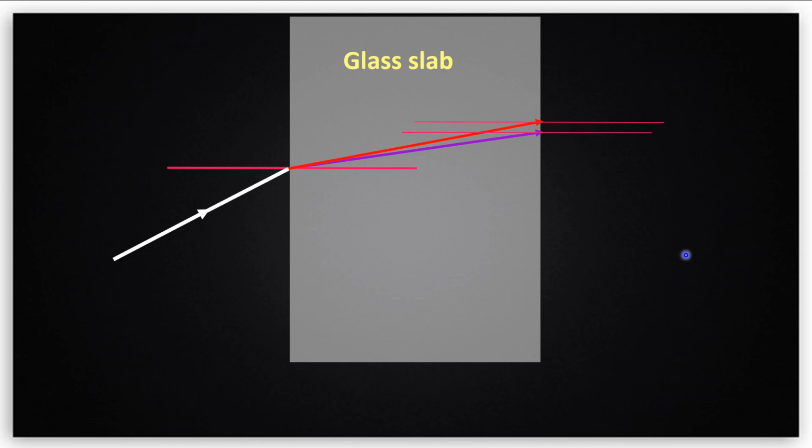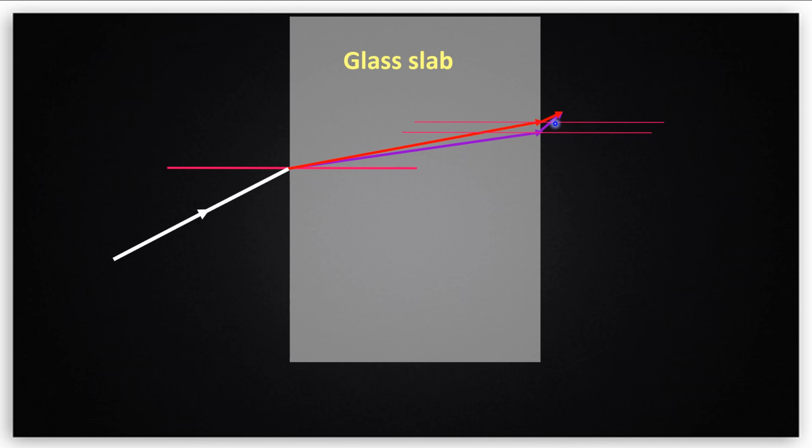And here, the bending is more again for violet color light, and bending is less for red color light. Okay, so this violet color light will bend more, and red color light will bend less. See here. Here the angle of deviation is less. Here the angle of deviation is more.